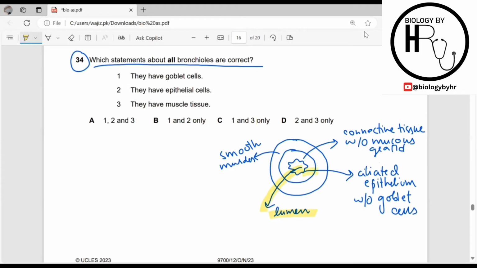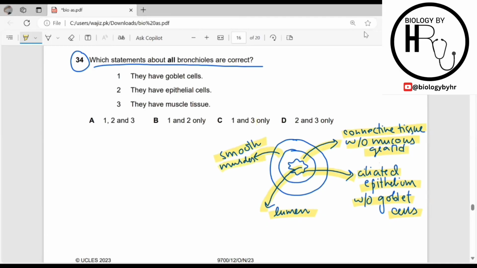This innermost structure is the ciliated epithelium without the goblet cells. Then this layer over here, which I am highlighting, is the connective tissue, which is without the mucus glands. So from here, we can conclude that the mucus glands and the goblet cells are not a part of the bronchioles. Then this outermost layer is the smooth muscle, right?